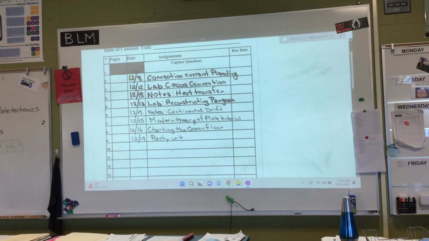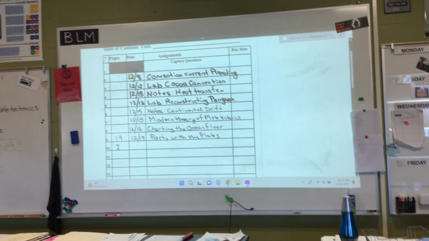That was what we did yesterday with the map. And I believe that was on page 19. And so that was 19, 20, this is gonna be page 21. Let's go ahead and write page 21, because today we picked up seafloor spreading.